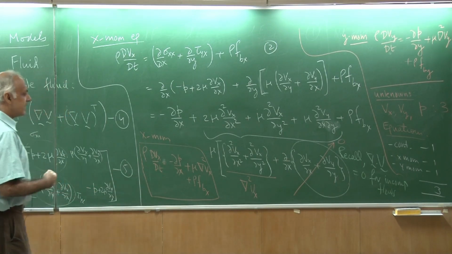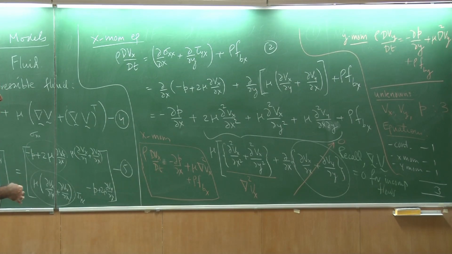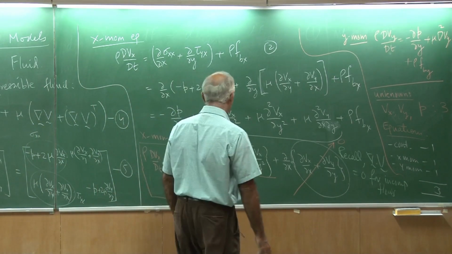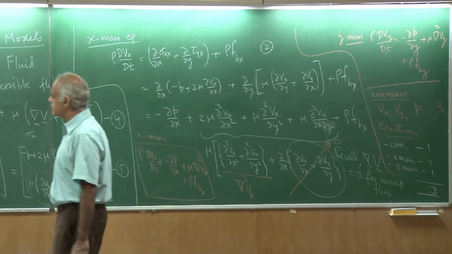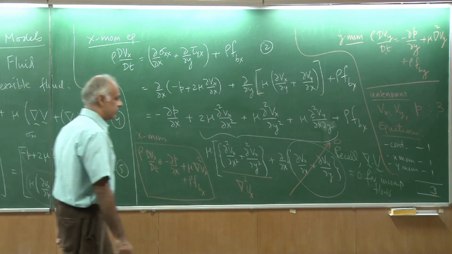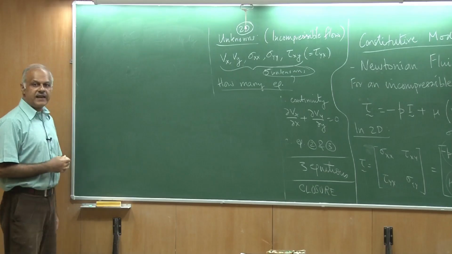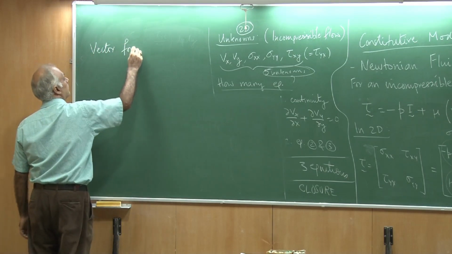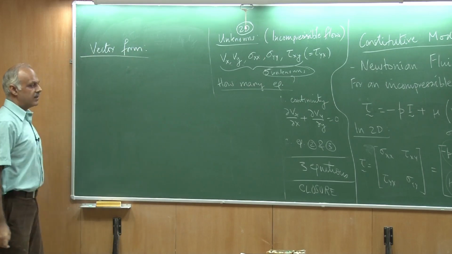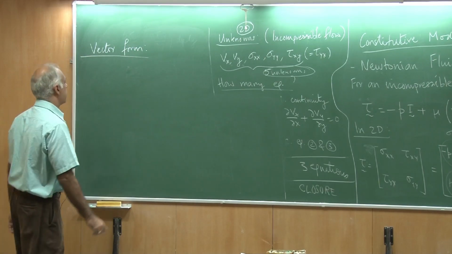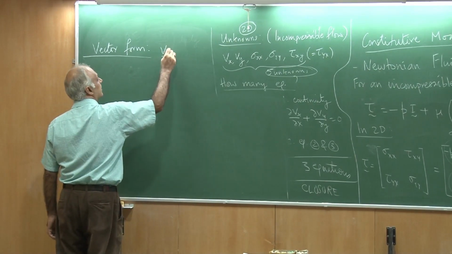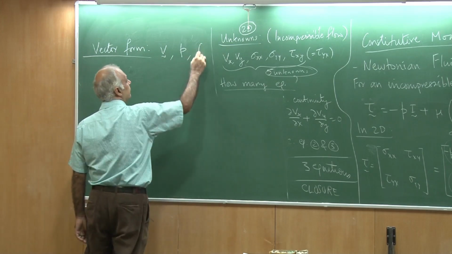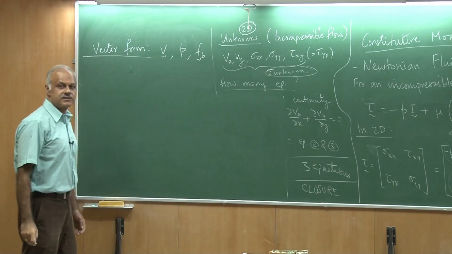I want to say a few things about these equations, but before I do that, let me just say that these equations are called the Navier-Stokes equations. So let me write that down for you. So let me write down the vector form of the equations. So V is the velocity vector, P is the pressure, and Fb is my body force.